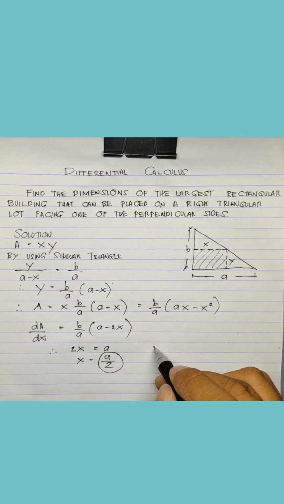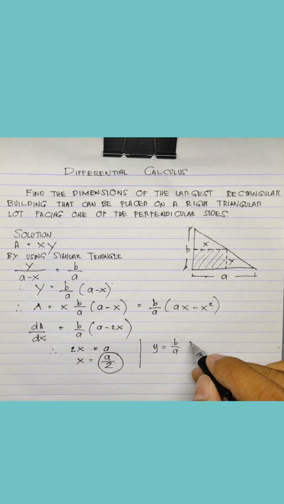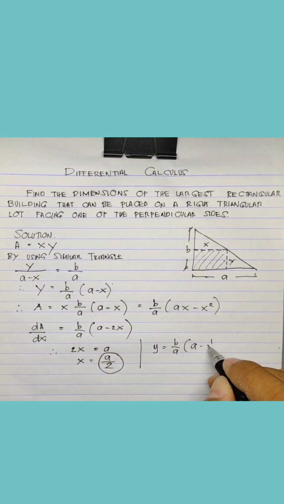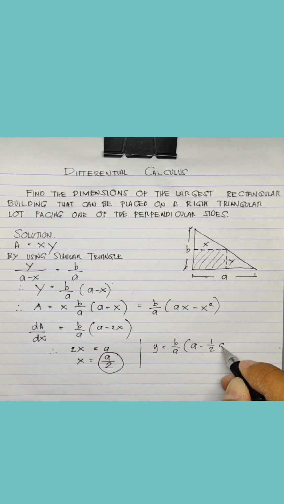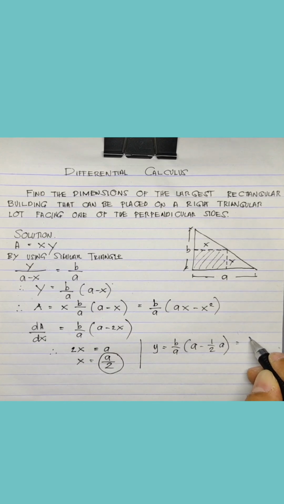So Y is equal to B over A times A minus A over 2, which, simplifying this, is equal to B over 2.